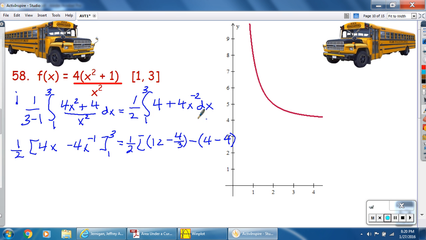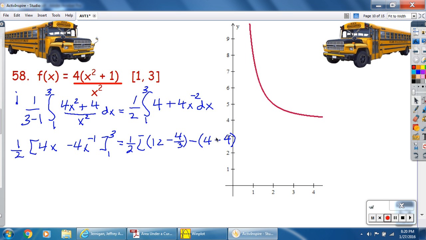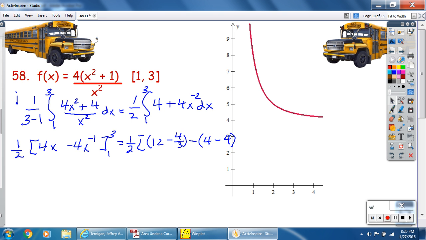Whoops, I see a mistake that I just made. I didn't put in, let's see, am I putting in the lower bound? Yeah, I did. Okay, I did fine. So that would be lower bound, 4 times 1 is 4, minus 4 over 1, which is 4. Okay, we're good. I thought I made a mistake, but I don't think I did.